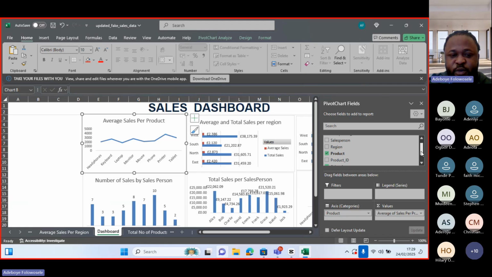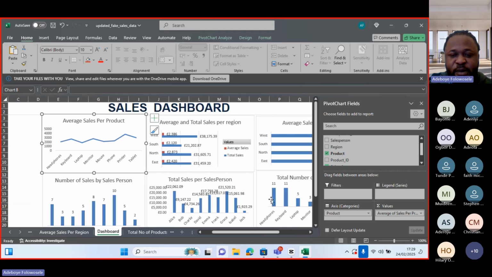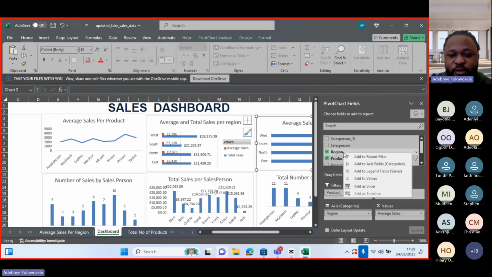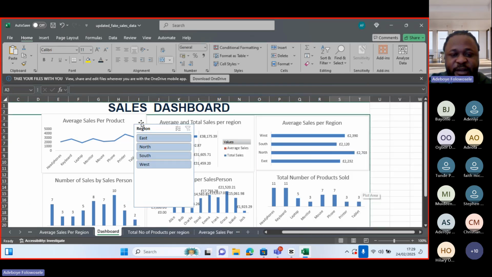Now it's because it's on products. Because I want my slicer to be on region, I'll click on region here and say add a slicer.